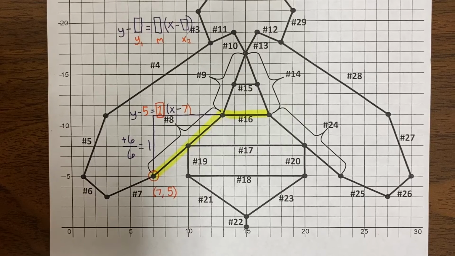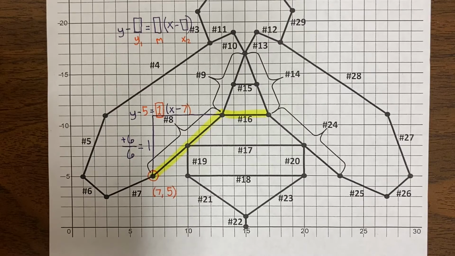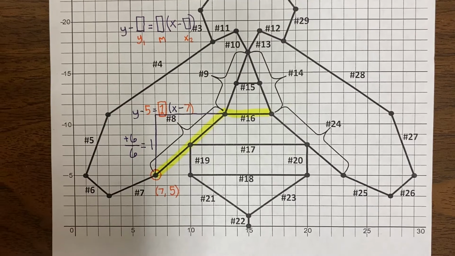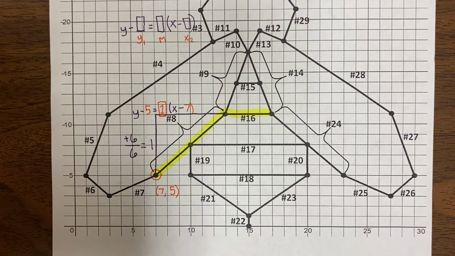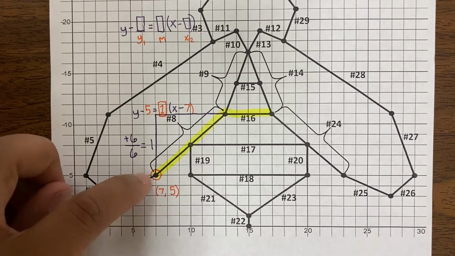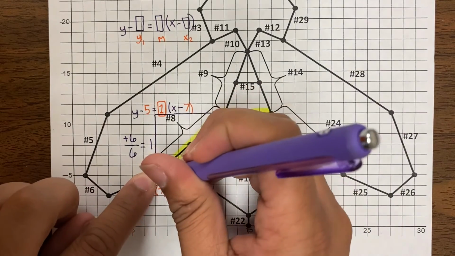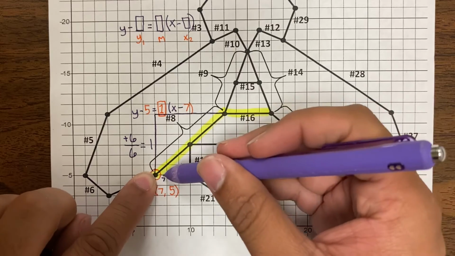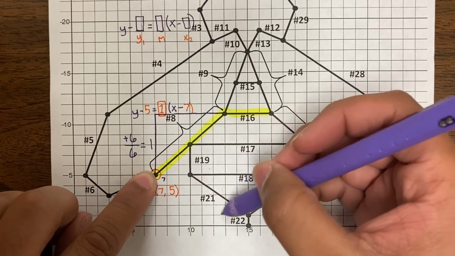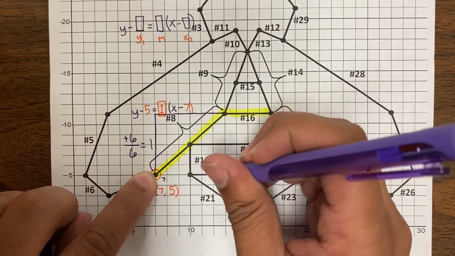So now I want to find the domain and the range. The domain is how far left the graph goes to how far right. So the furthest left it goes is at 7, and the furthest right it goes is 13.